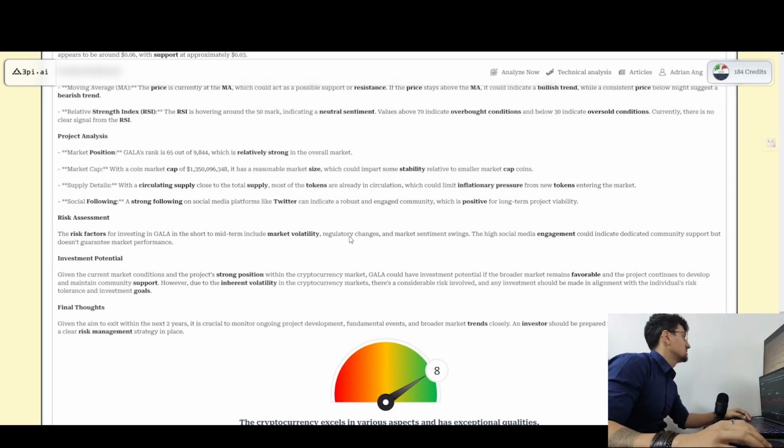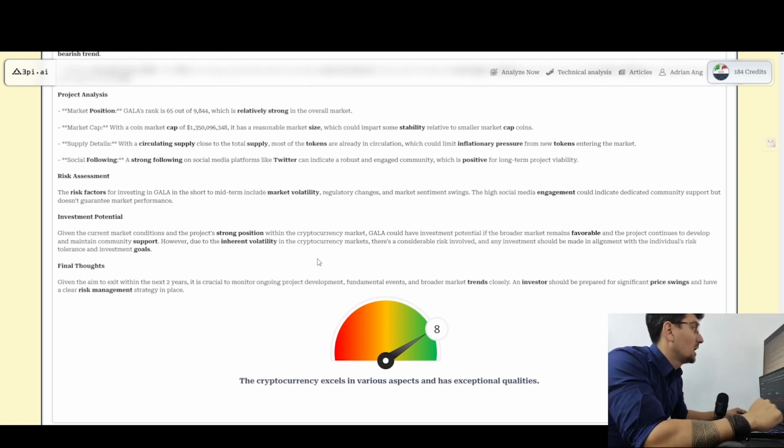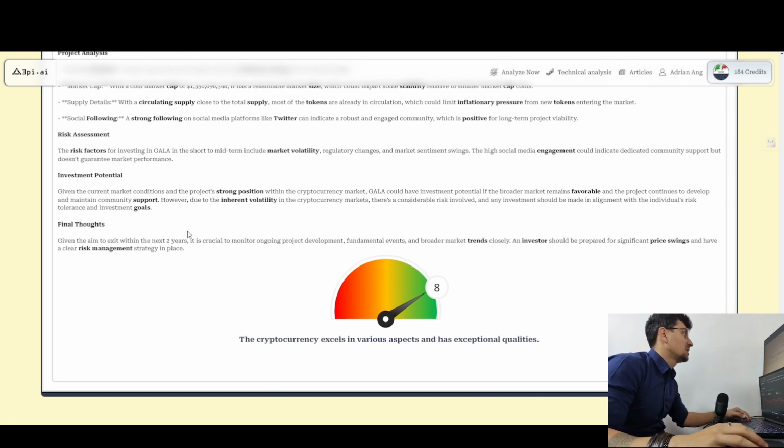Risk assessment. The risk factors for investing in Gala in the short to mid-term include market volatility, regulatory changes and market sentiment swings. The high social media engagement could indicate dedicated community support, but doesn't guarantee market performance. Investment potential.